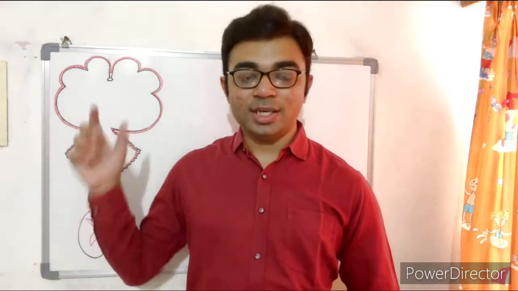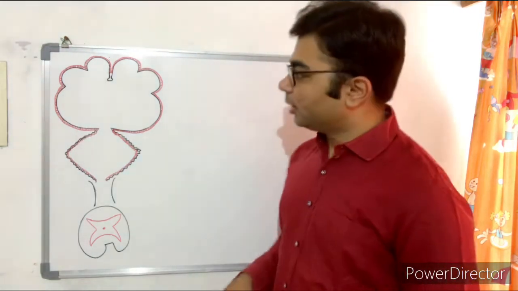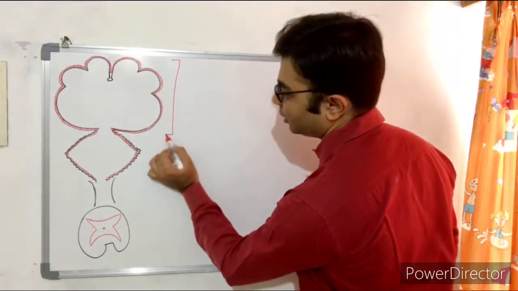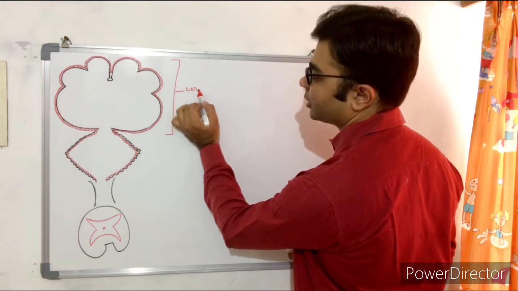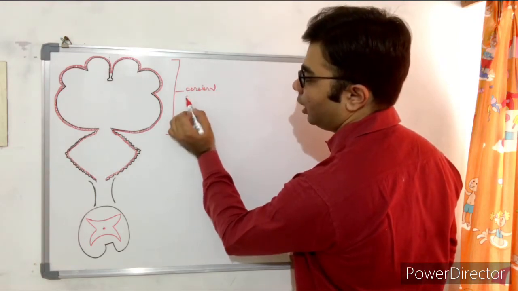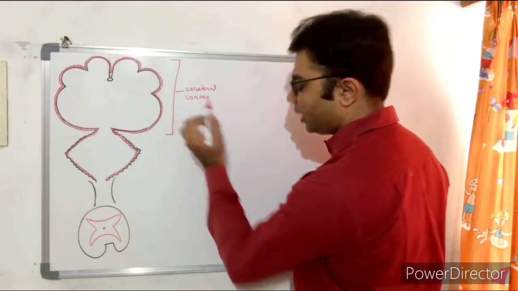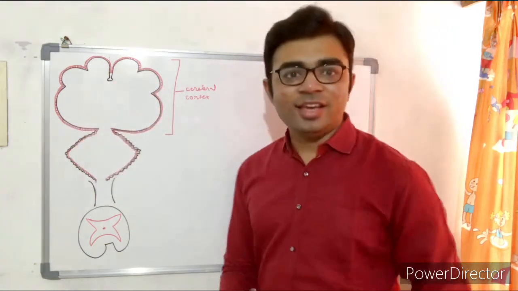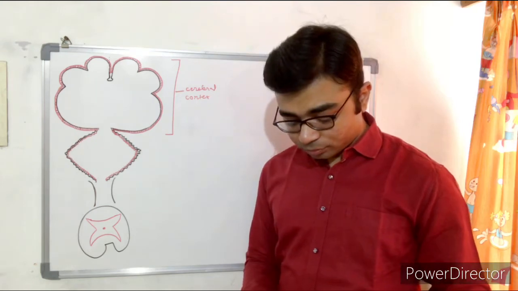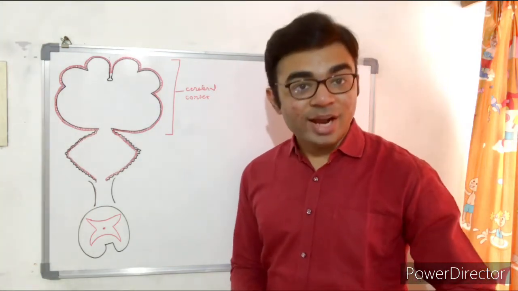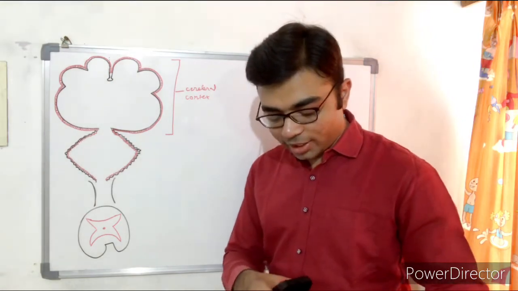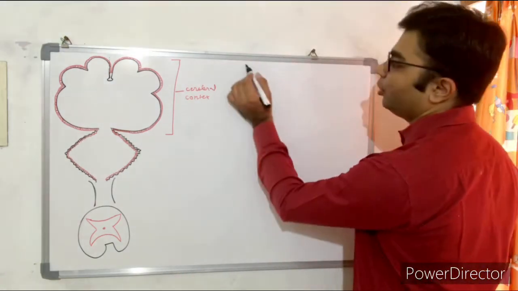As you can see in this diagram, this area is the cerebral cortex. Now, there are actually many areas present in the cerebral cortex, but whenever we are studying the pyramidal tract, we need to remember the areas that I am writing over here.